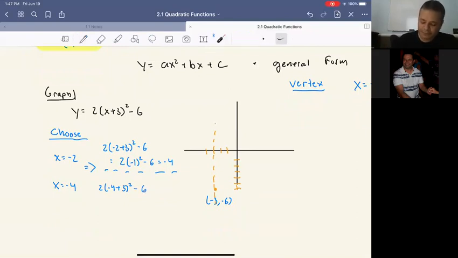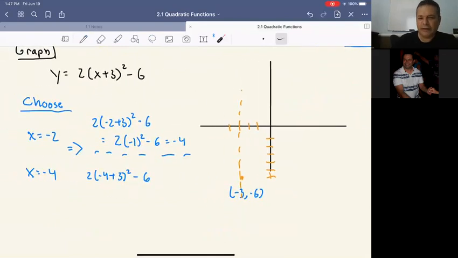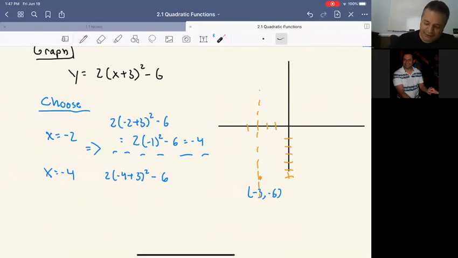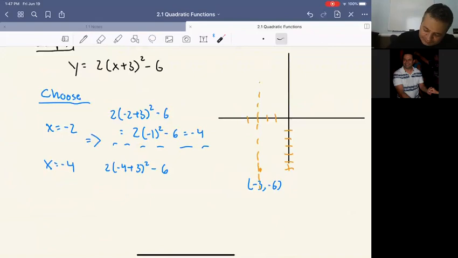Negative 4 plus 3 is negative 1, and squared that's positive 1. So 2 times 1 minus 6 is negative 4 as well. So I have another couple of points I can graph: negative 2 comma negative 4 and negative 4 comma negative 4 are both on the graph.